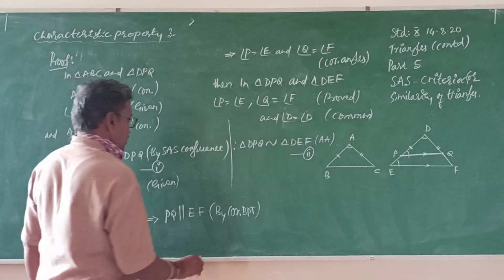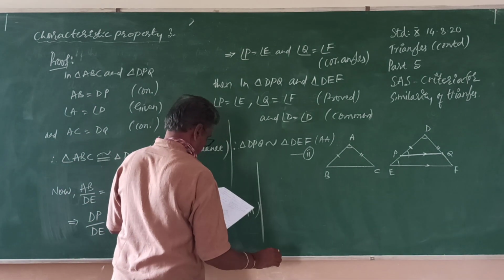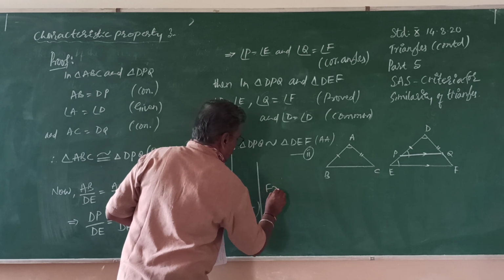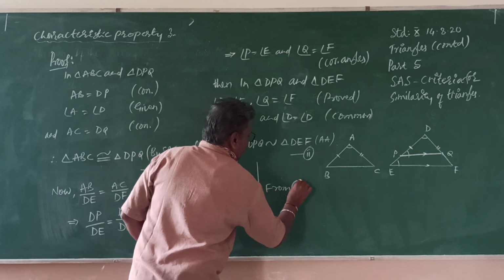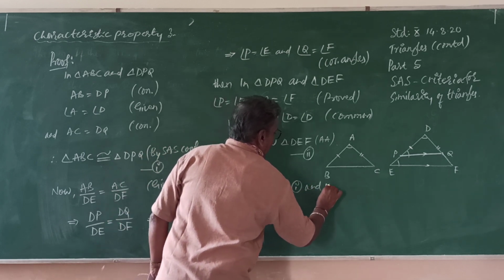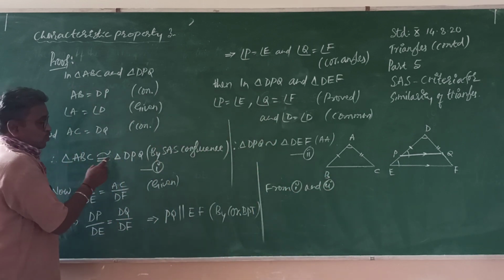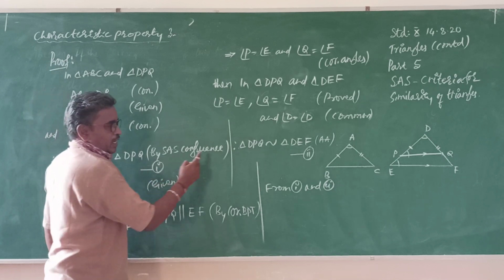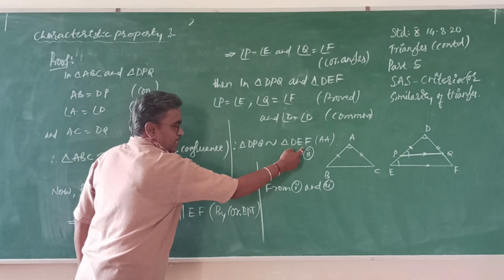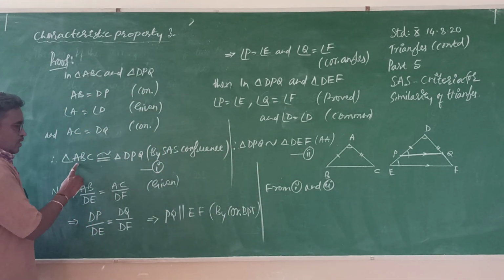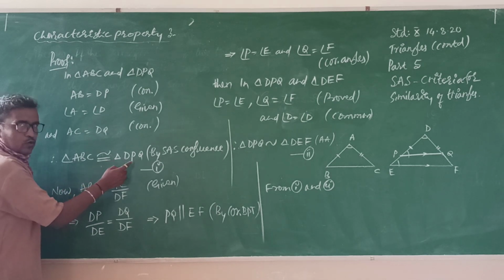So from 1 and 2, what it tells: ABC is congruent to DPQ, and DPQ is similar to DEF. Congruent triangles are always similar.